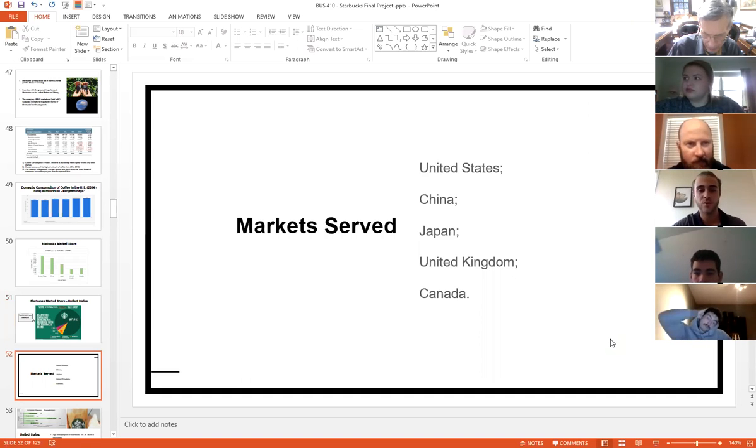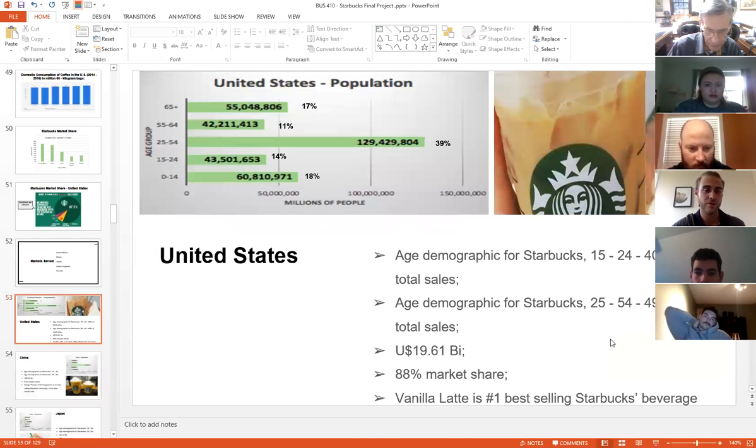And now we go to the market survey. These are all the markets. So for the United States, the age demographic for Starbucks is both 15 to 24 and 25 to 54. And here we have to look at the top graph that shows that the age group of 15 to 24, which accounts for 14% of the US total population, consumes a disproportionate amount of coffee.